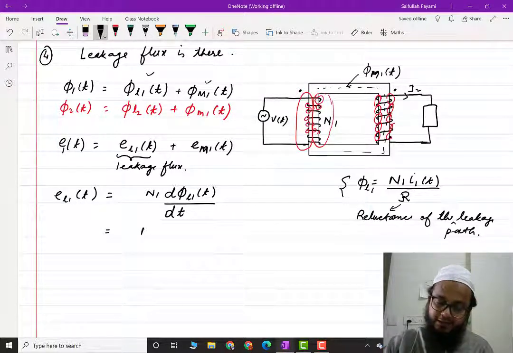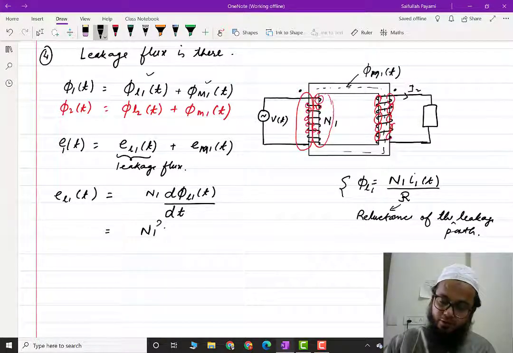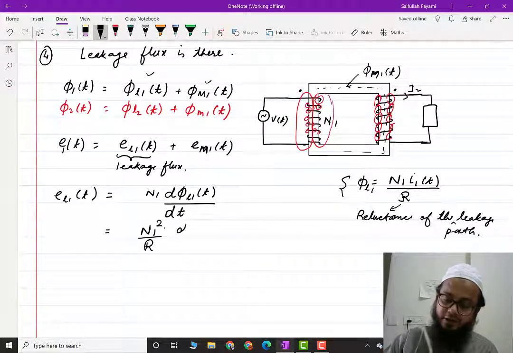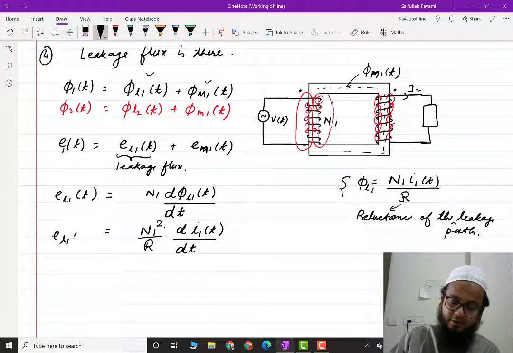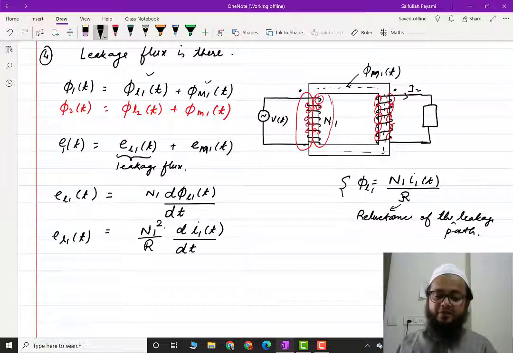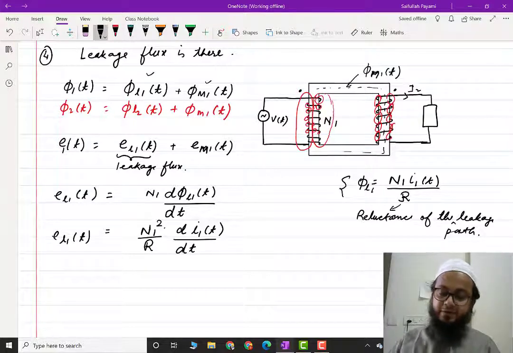So we can write this as N1 whole square upon reluctance, which would be a constant. This will come out of the differentiation, and this would be dI1(t)/dt, giving EL1(t). Similarly, we can find φL2(t) and EL2(t) for the secondary winding as well. For the primary we have shown.